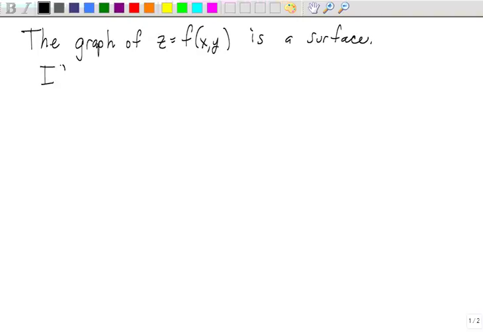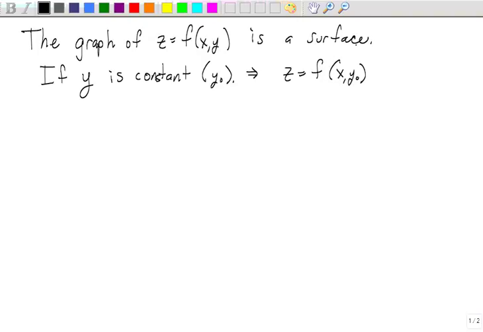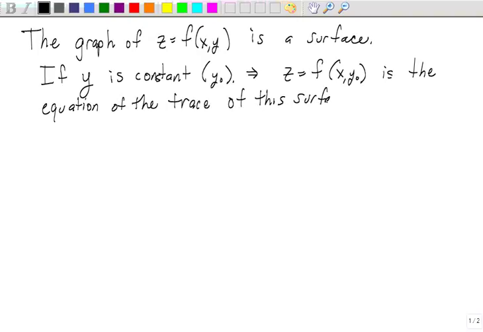So if, let's take y as constant, say y0, then we have z equals f of x, y0, and that's the equation of the trace of the surface in the plane y equals y0.